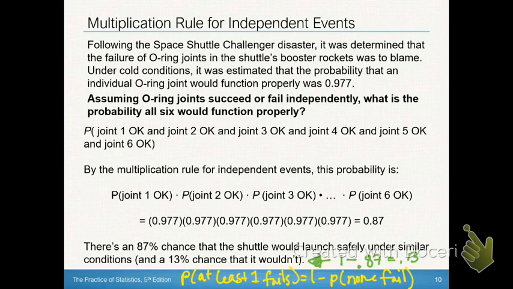Then you're going to do 1 minus the probability that none of them fail. So that's essentially what we found up here. The probability that none of the O-rings fail is 87%. The probability that at least one fails is 13%. So anytime you see at least one, that's the same thing as 1 minus the probability of none.